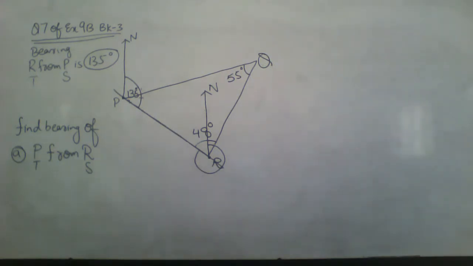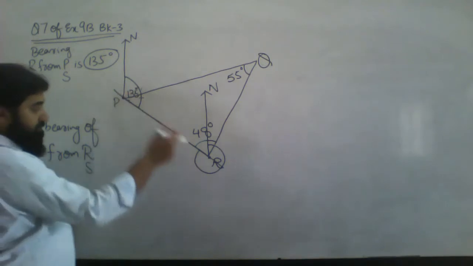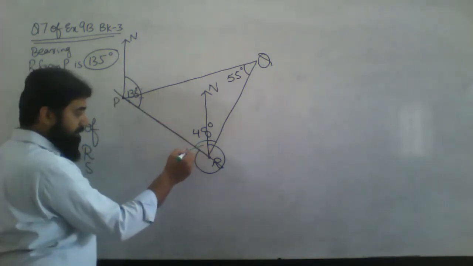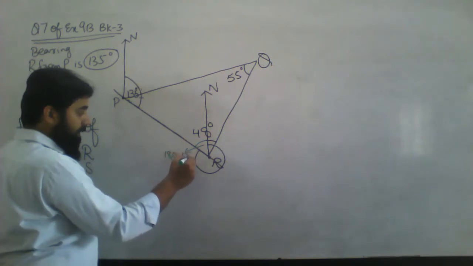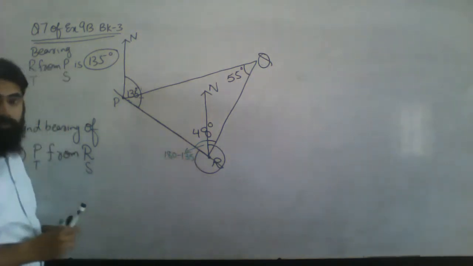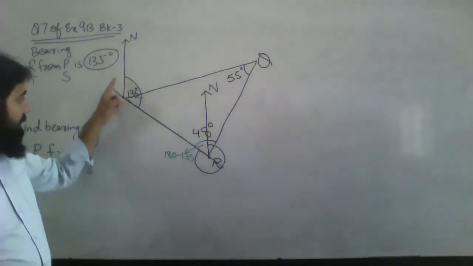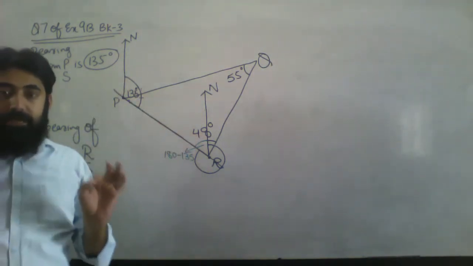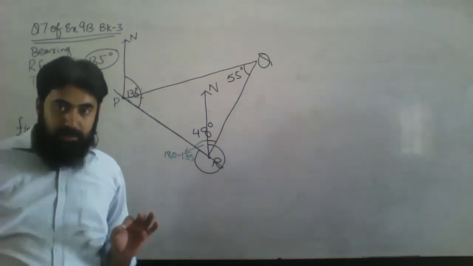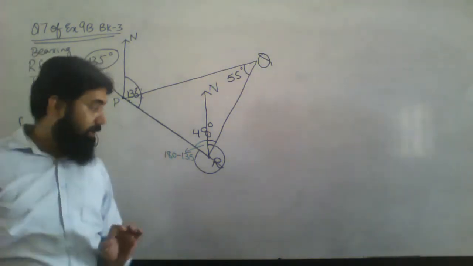So what I am going to do over here is subtraction. How will I find this one? 180 minus 135. Why? Because this one and this one are interior angles of parallel lines and that is supplementary.